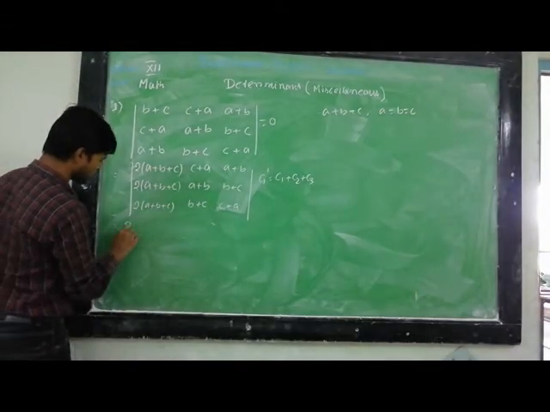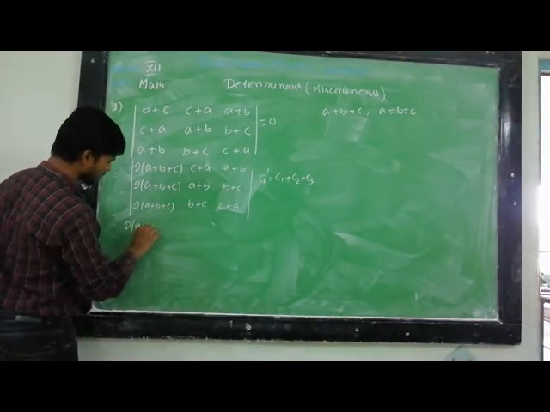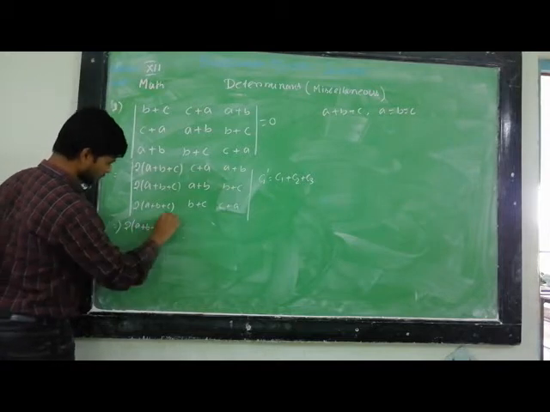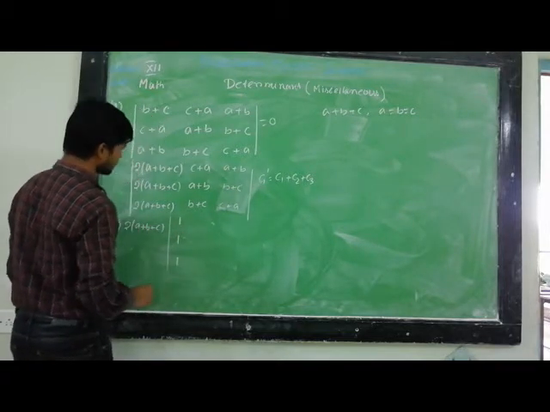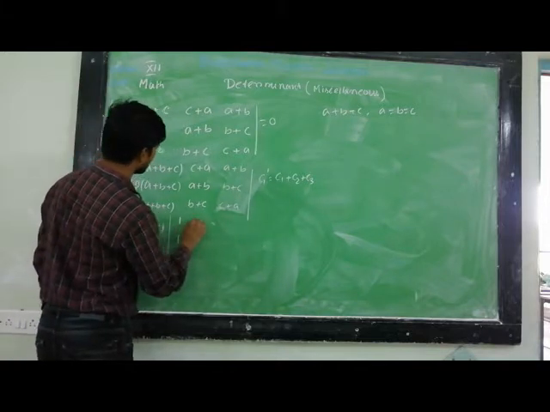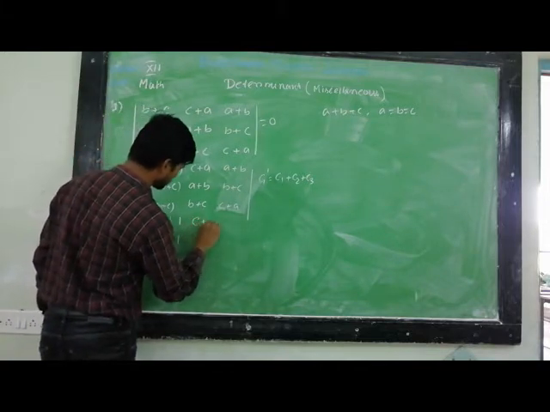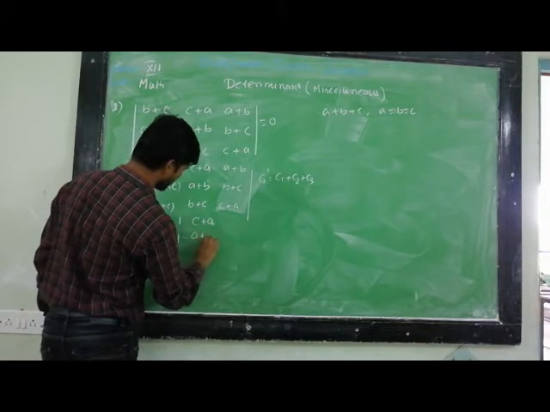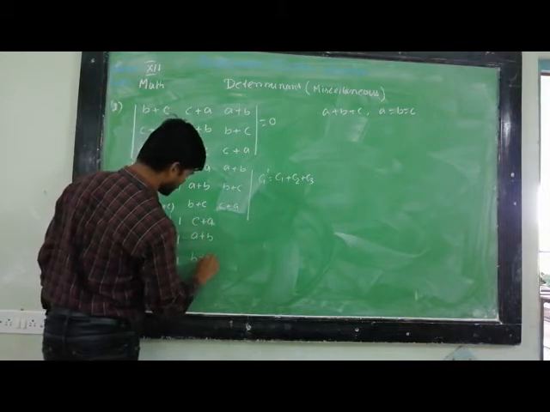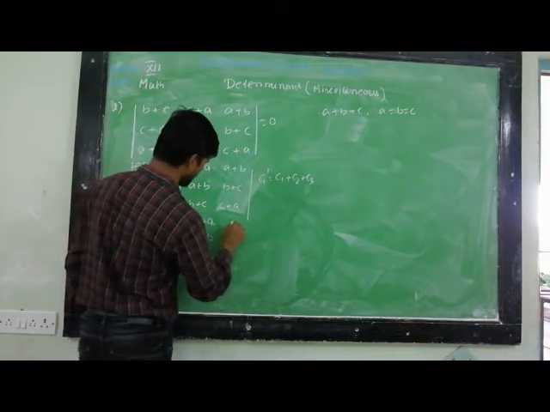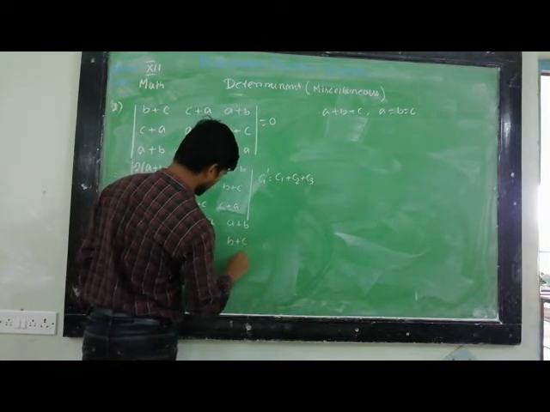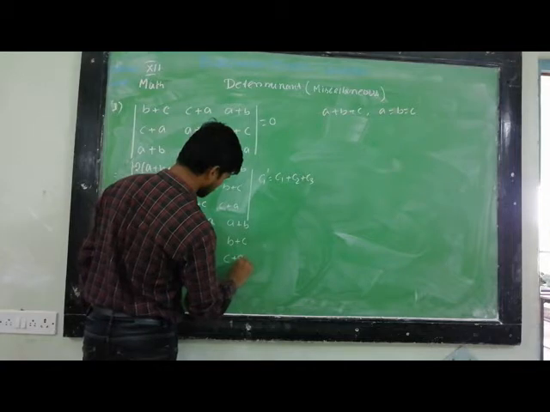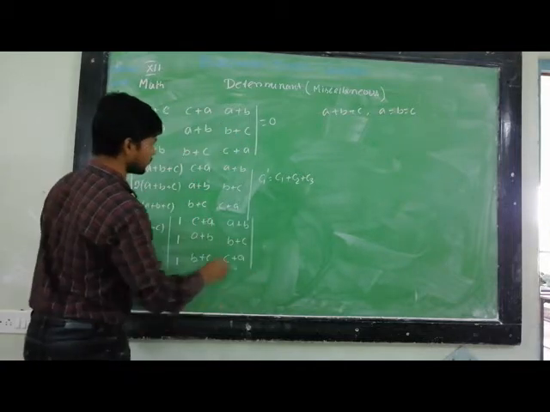So take 2 into (A plus B plus C) common. So the first column will be 1, 1, 1, and the other columns are unchanged, which is equal to 0.